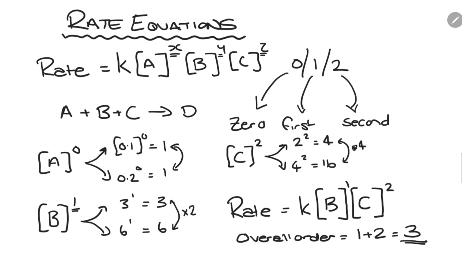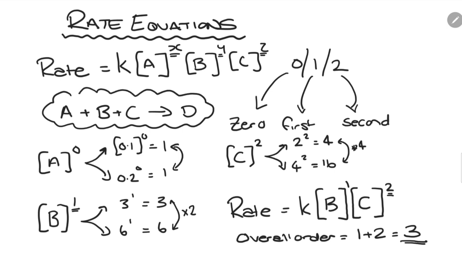Notice in this experiment here, the rate order with respect to C was second order. This second order has not come from the initial equation. The stoichiometry of the equation, i.e. the balancing numbers in an equation, give no rise to the rate equation.